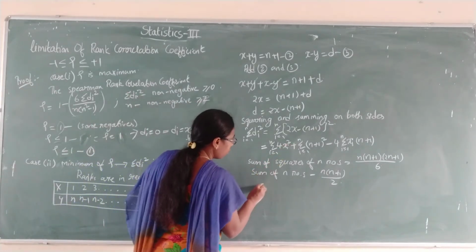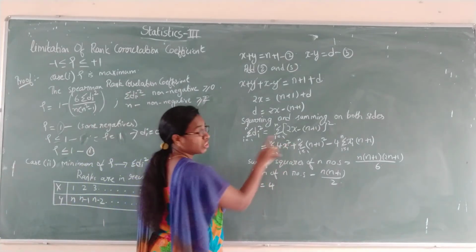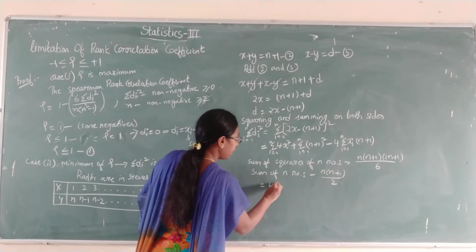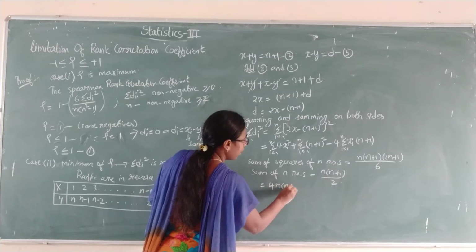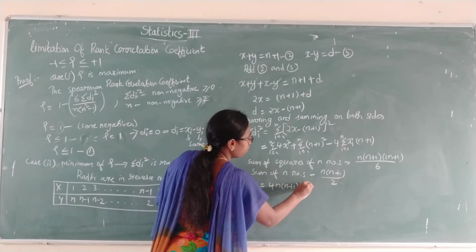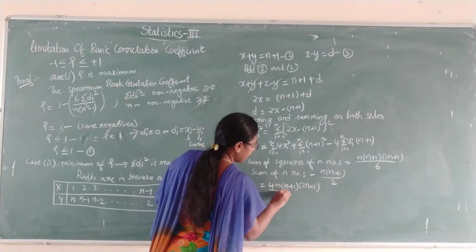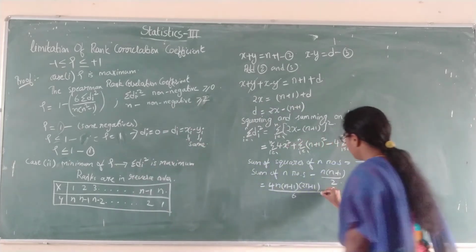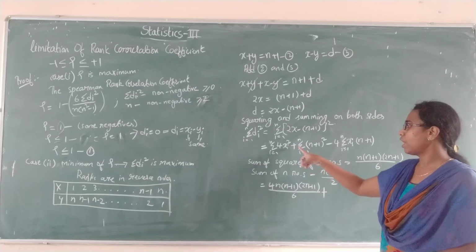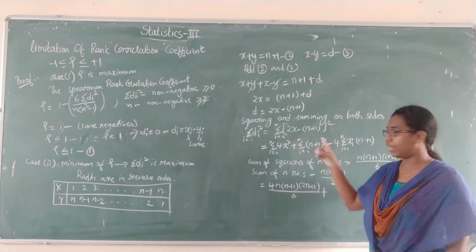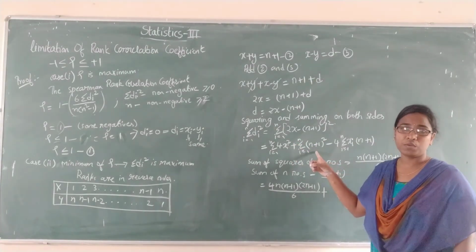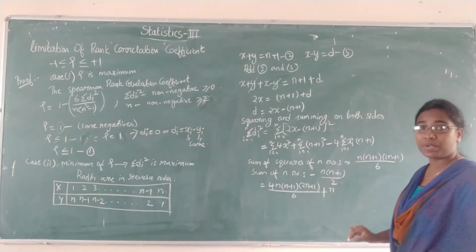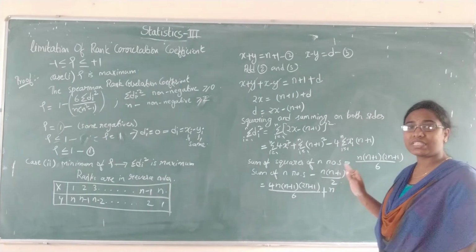First, 4 into summation xi square. What is the summation xi square value? It is n into (n plus 1) into (2n plus 1) by 6, plus. If you observe here, you have summation i equals 1 to n, but there are no i values to substitute, so the summation can be written as n, since you have n ranks in total.